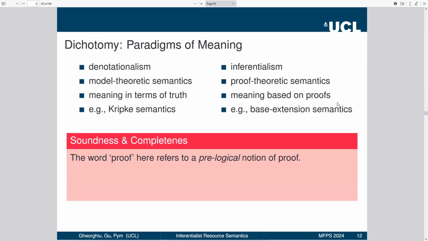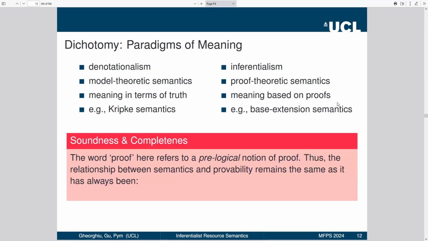It could, for example, just be a set of production rules. So you have something easily algebraic, some sense of inference there, with no logical constants. Even though it's a proof-theoretic semantics, in base extension semantics you still have completeness theorems in the usual way. That's crucial.